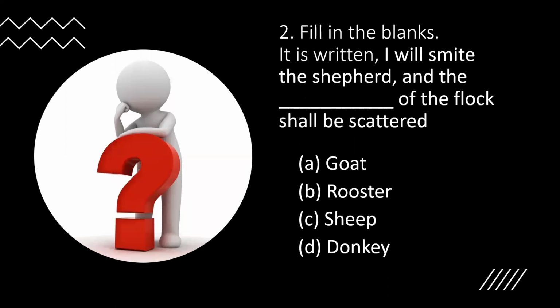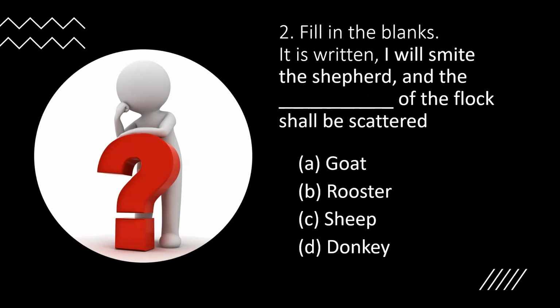Next question. Again, put your answer inside the chat, please. Fill in the blanks. It is written, I will smite the shepherd and the blank of the flock shall be scattered. Is it A, the goat of the flock? B, the rooster of the flock? C, the sheep of the flock? Or D, the donkey of the flock?